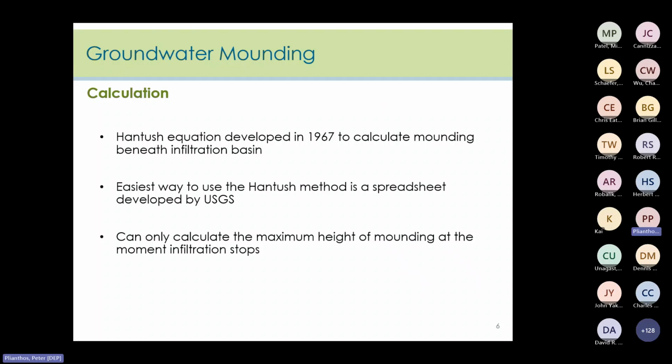That method, known as the Hantush equation, dates back to 1967. It requires computing capabilities such as that found in the Excel spreadsheet developed by the USGS. You basically enter certain parameters and then click the Calculate button to see the results plotted. Additionally, the user gets results in the cells of a spreadsheet.